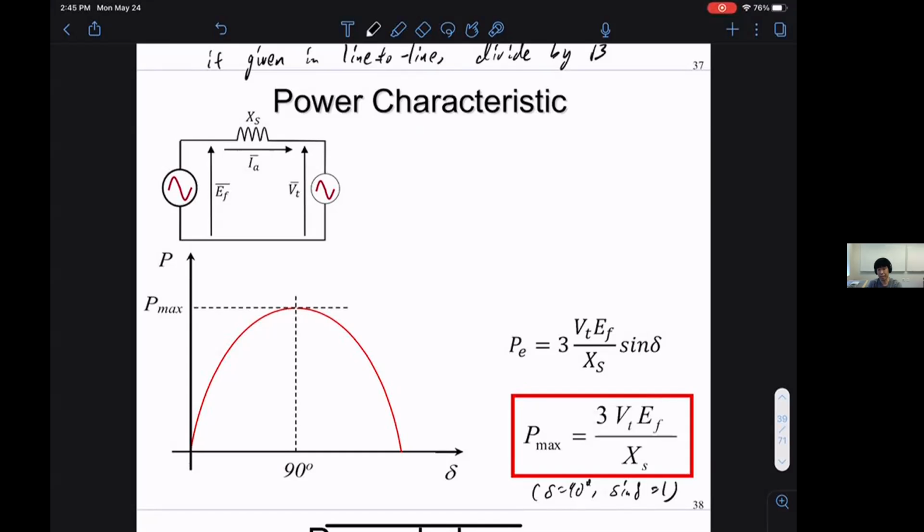So X_S is typically just a fixed number. And for E_F, there's only a certain amount of things you can do. Your generators cannot generate a very high voltage. So this is basically the power you can output. There's a maximum E_F you can operate at. Any other questions about this equation?